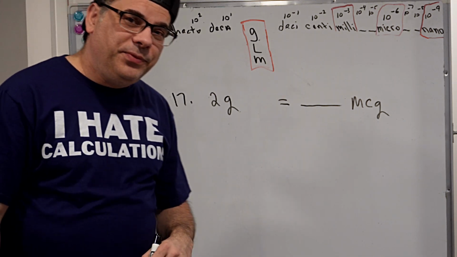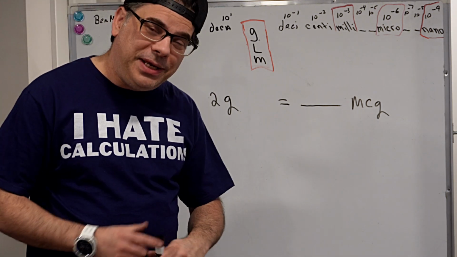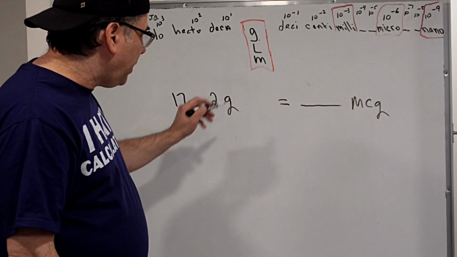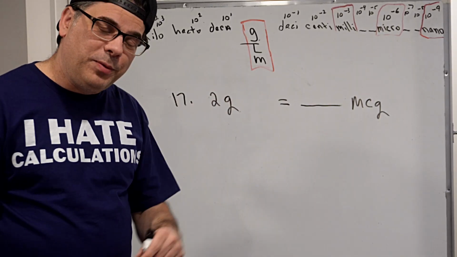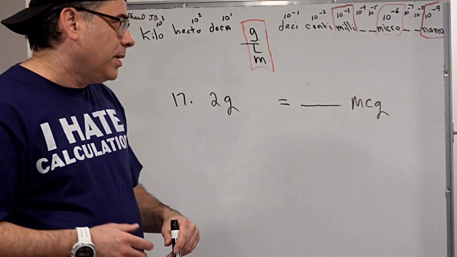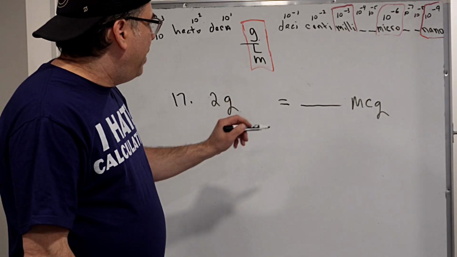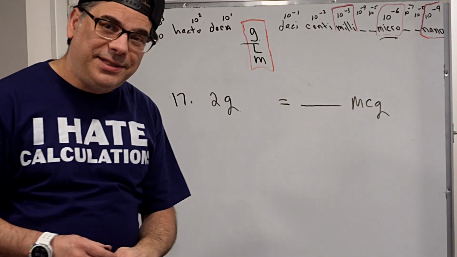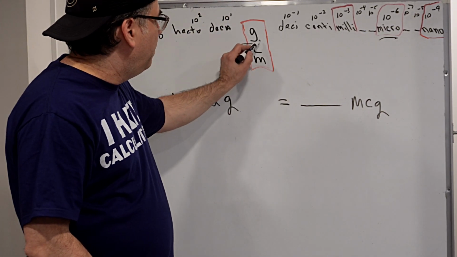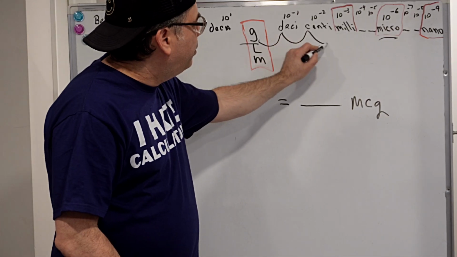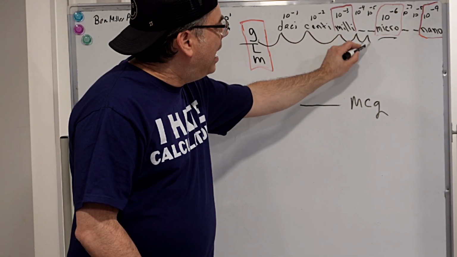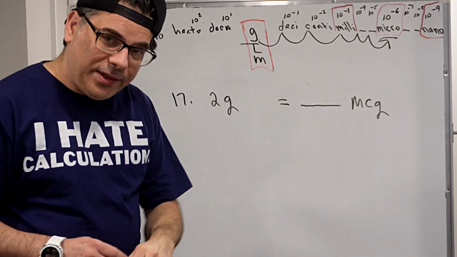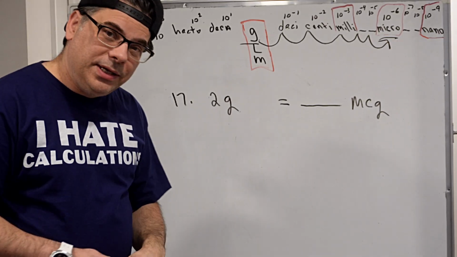Question 17. 2 grams is equal to how many micrograms? Grams is the base unit. Remember, when you're weighing something, grams. And then we're going to go to micro. It's over here. Micro is 10 to the negative 6. So we go 1, 2, 3, 4, 5, 6. We're going to move the decimal point 6 places.